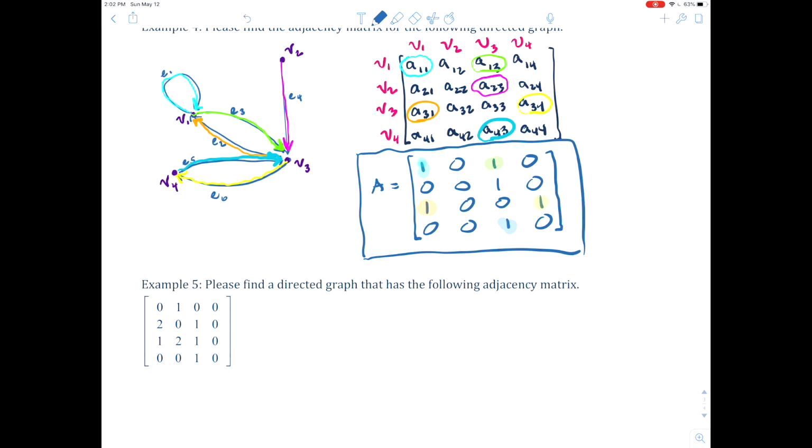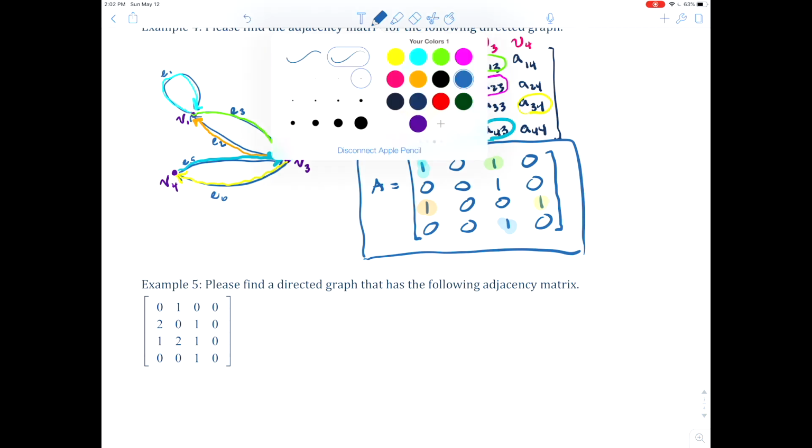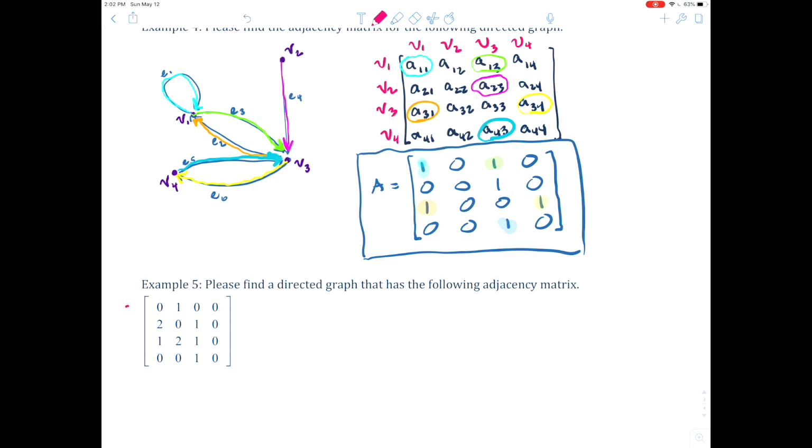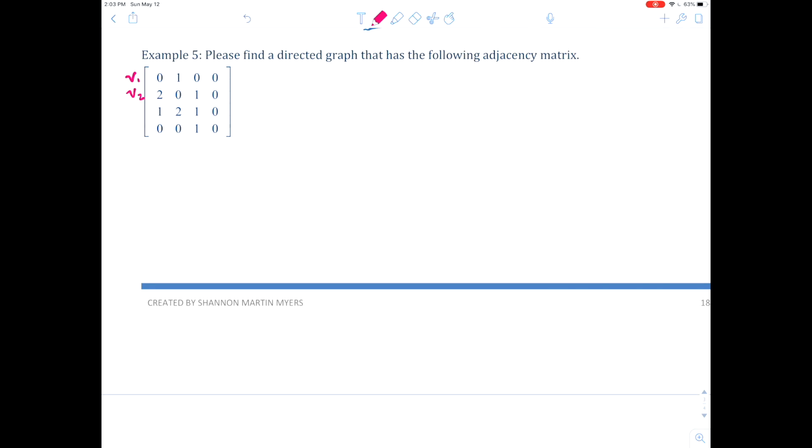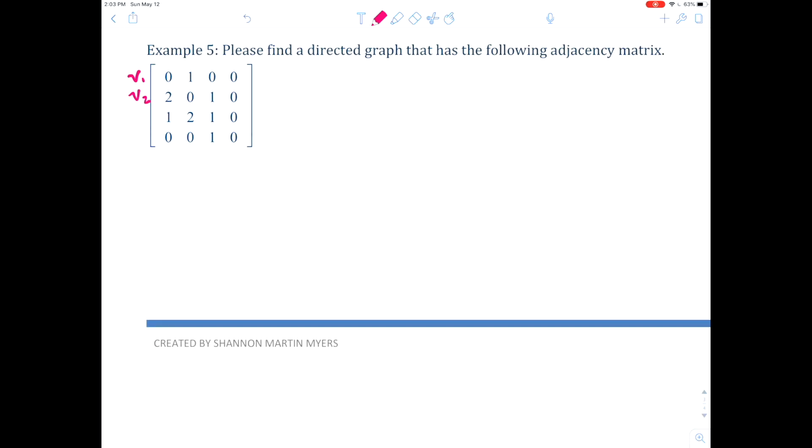Along the sides here, this one also has 4 vertices. So as to keep us on track, we will take a look at that.